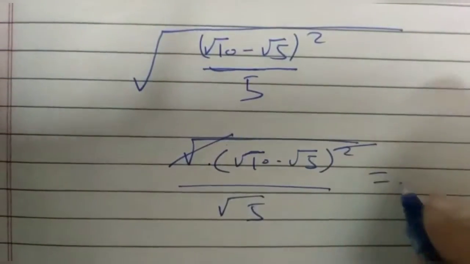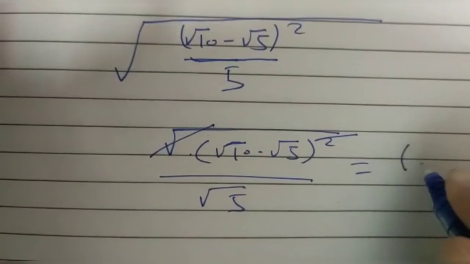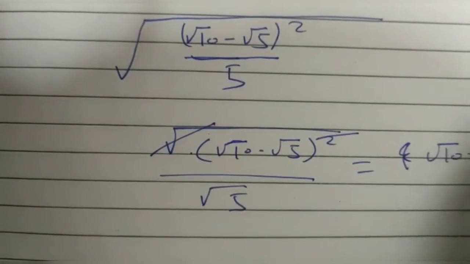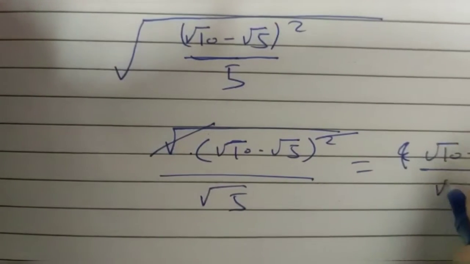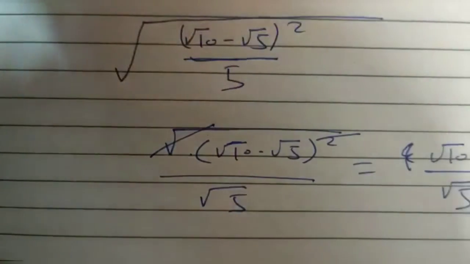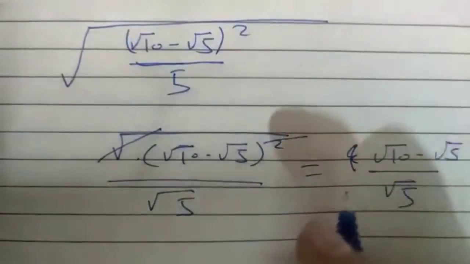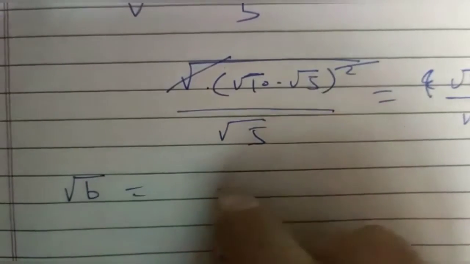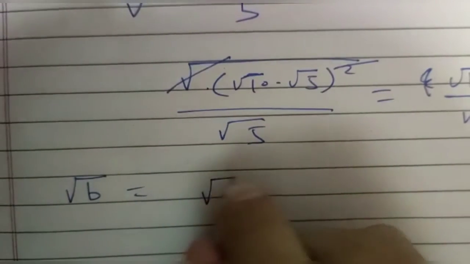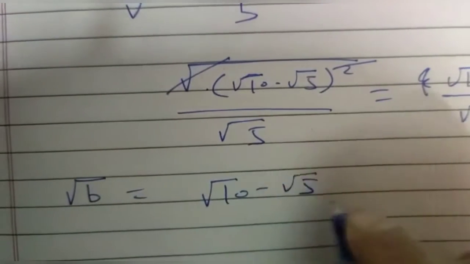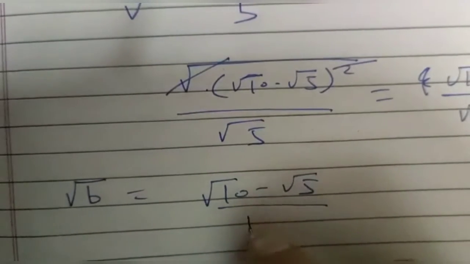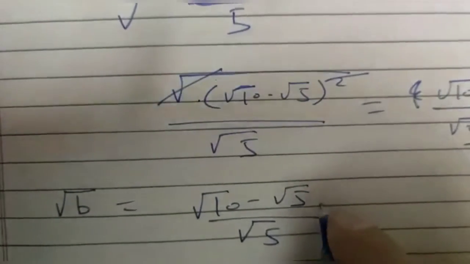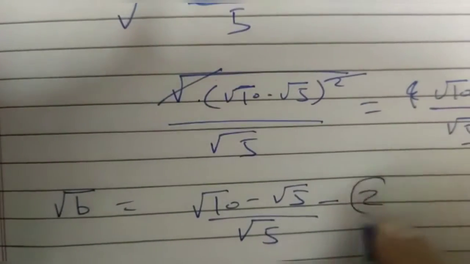I am going to cut it, so what I get is root 10 minus root 5 upon root 5. Now we'll make it an equation: root b equals root 10 minus root 5 upon root 5. I can write it as equation number 2.